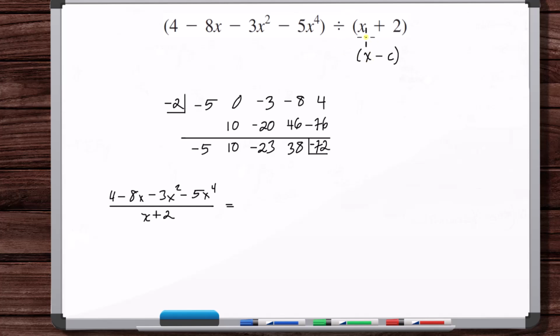Not in all cases, just in the synthetic division case where the divisor is always in x minus c form. So we've got minus 5x cubed, then the squared term, then the x term, then the x to the 0 term, and then minus the remainder, which is always a constant over the divisor.